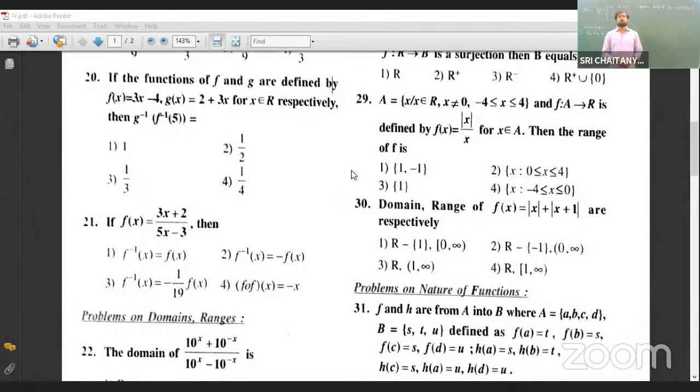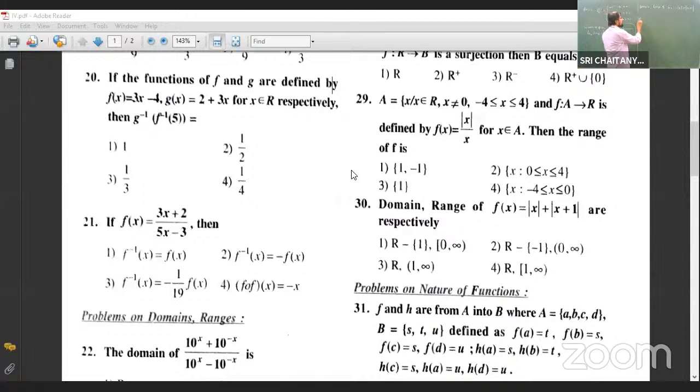It is very simple. First of all, to find the domain of this function, just check where you are going to get infinity. Whatever value you substitute in place of x, you never get infinity. Therefore, the function is defined for all real numbers.